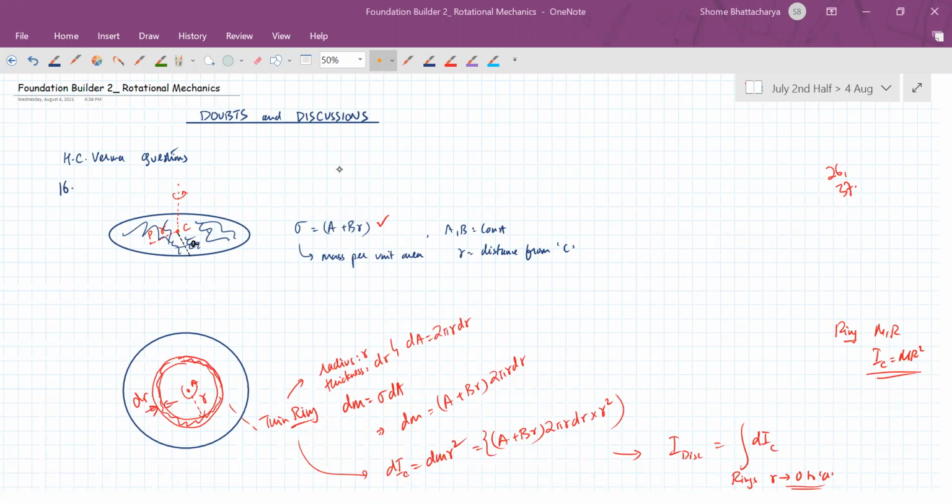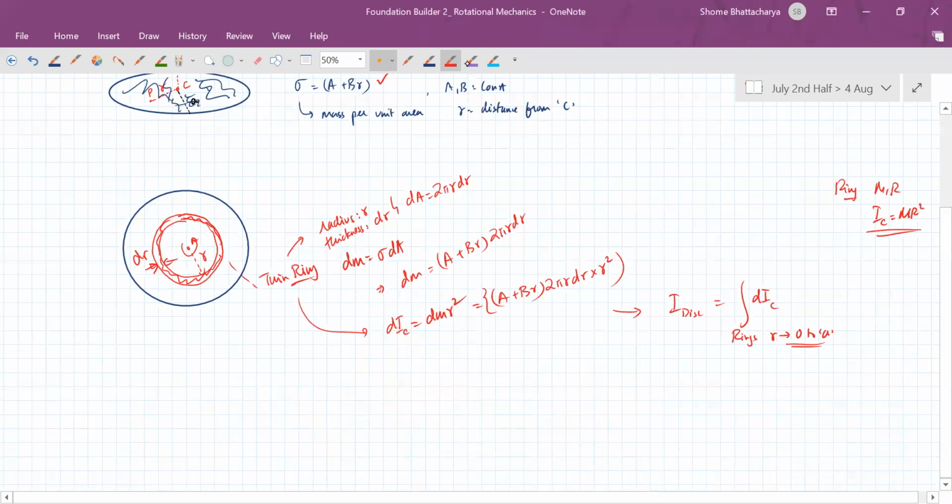So have you worked out the answer to this question now? If you just substitute this here and integrate, (A plus Br) into 2 pi, this term will become r cube, from 0 to a. So 2 pi comes outside.